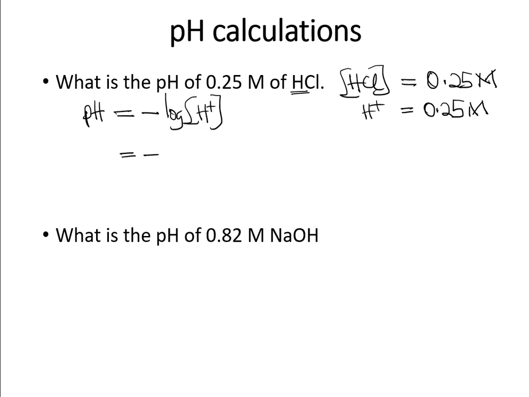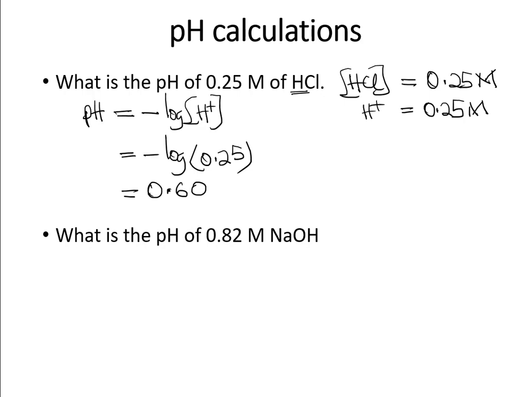So this one is negative log 0.25, which is 0.60. So the pH of this solution is 0.60. So it's pretty acidic.